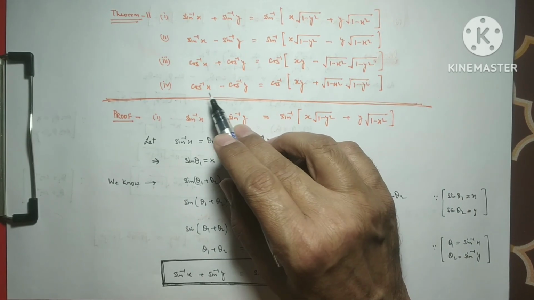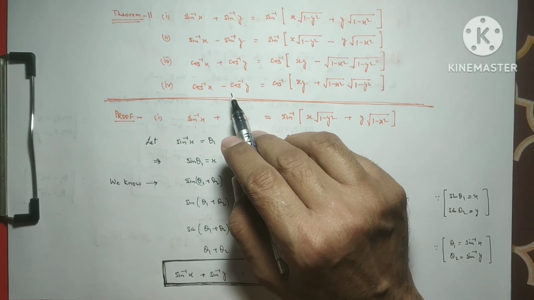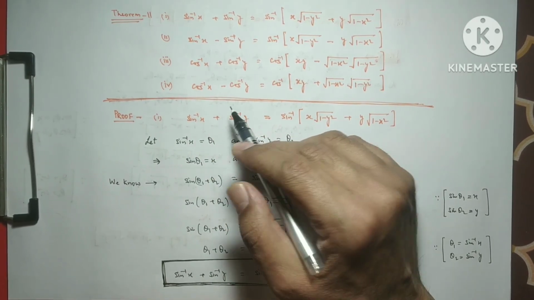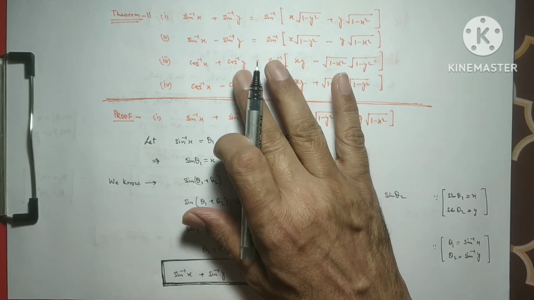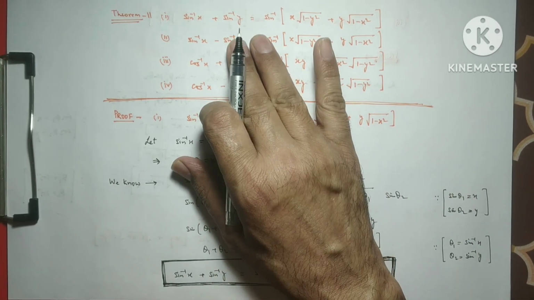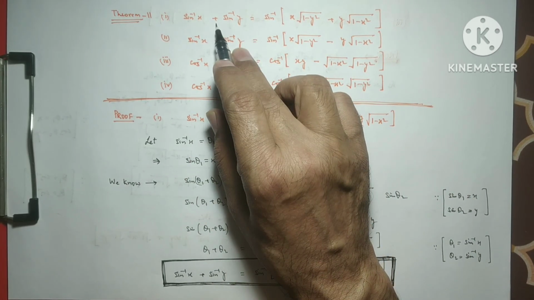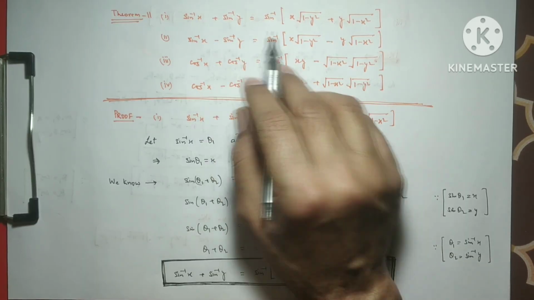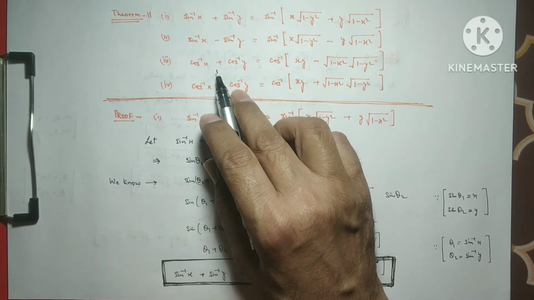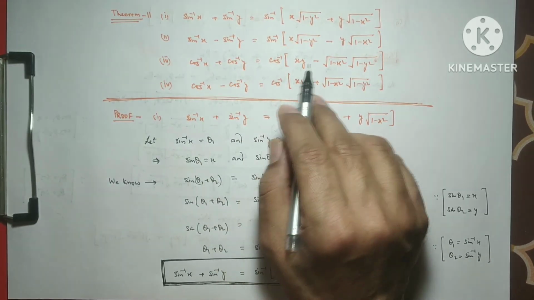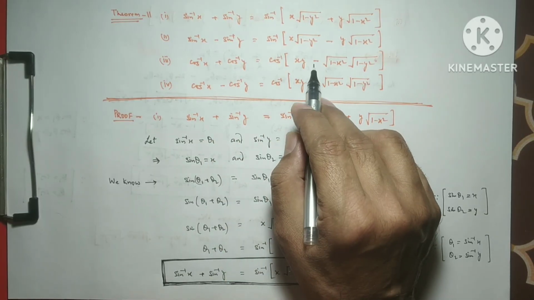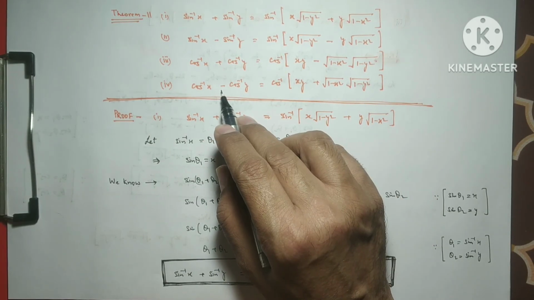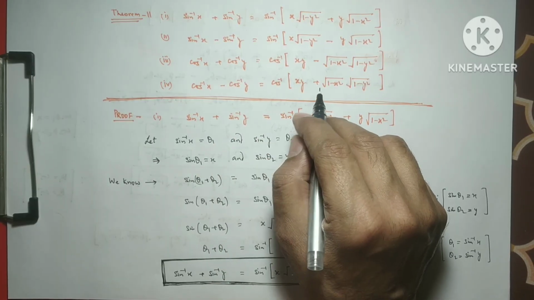And if we have the difference of two cos inverses, then we get the positive sign. So in case of sine inverse we have similar signs, but in case of cos inverse we have opposite signs. If there is positive between cos inverses, we get negative. If it is negative, then it will be positive, right?